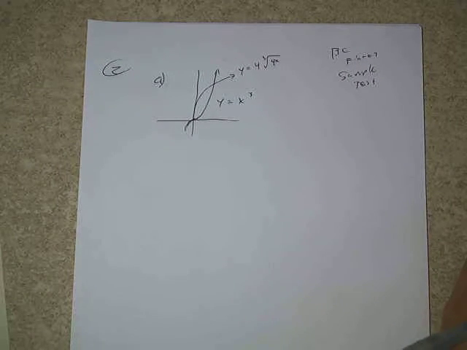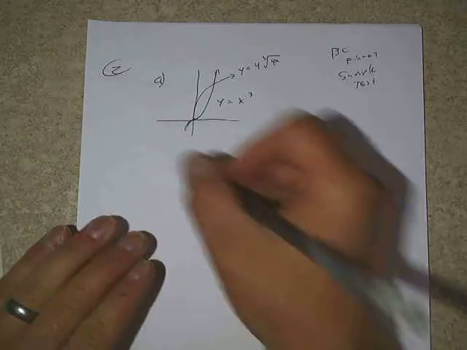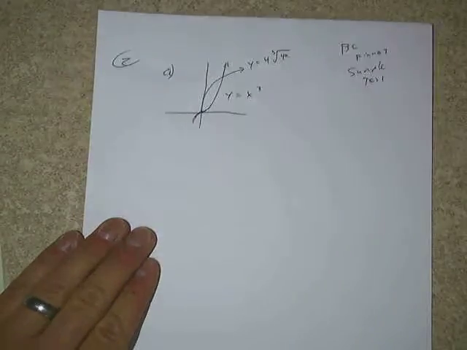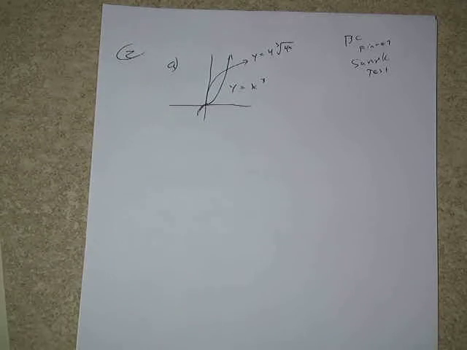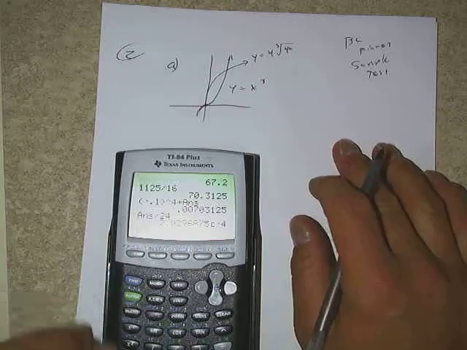Alright, so bottom line here in part A, it's asked us to find the coordinates of the point in the first quadrant where these two curves intersect. And keep in mind this is a calculator problem, so let's not waste any time on algebra.